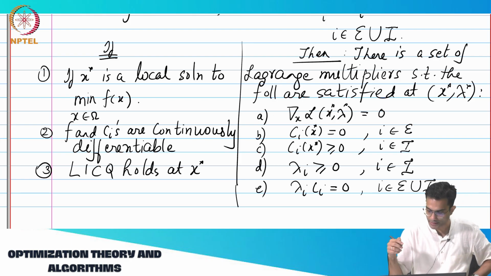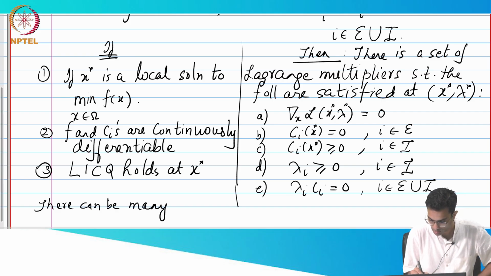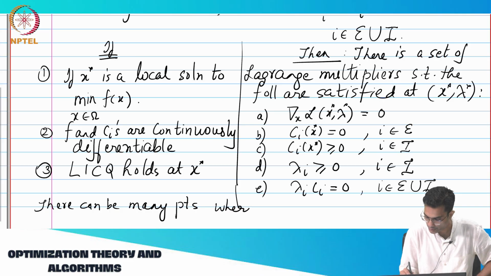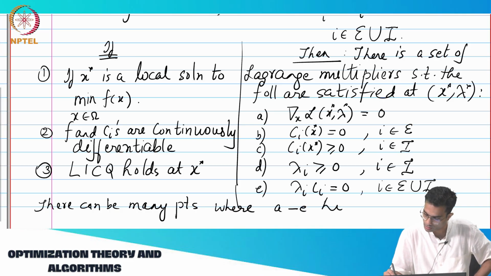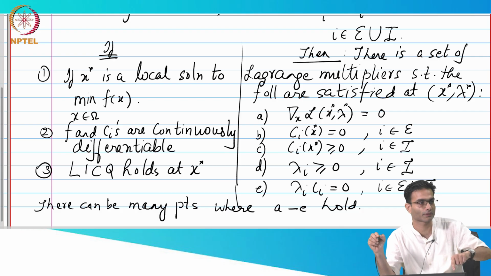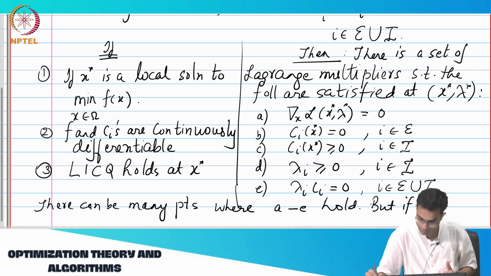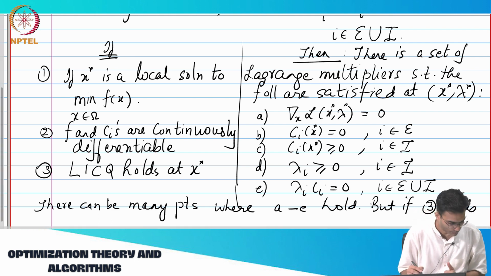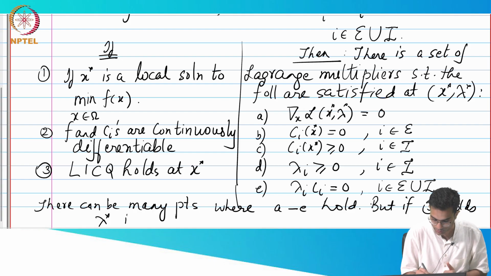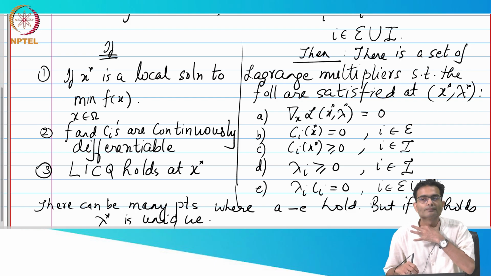So there can be many points, let's just note that over here, where A through E hold, but if you give me LICQ, which is 3 over here, then lambda star is also unique. So if 3 holds, lambda star is unique.